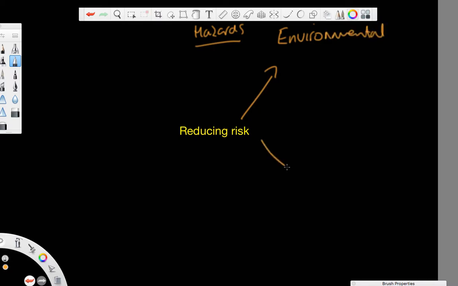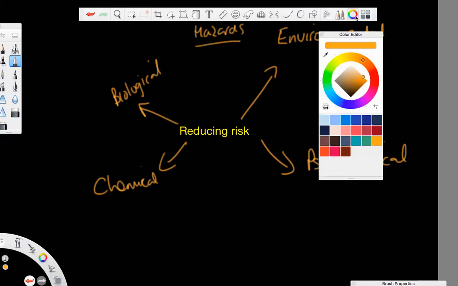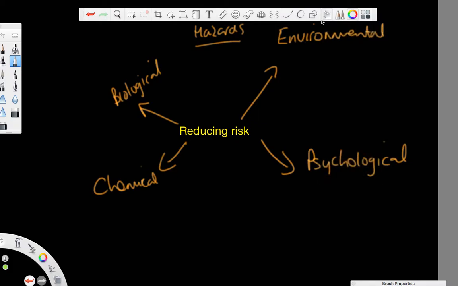Then you've got psychological hazards. Then we've got chemical, and then you've got your biological hazards. So they're the different hazards there, like they're different titles, and it might ask you for two different types.